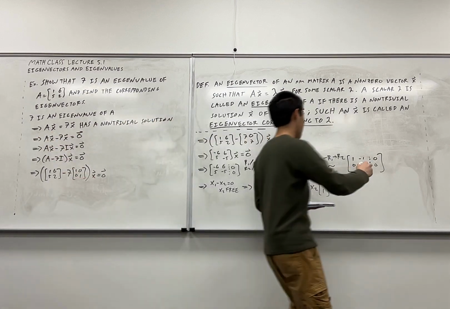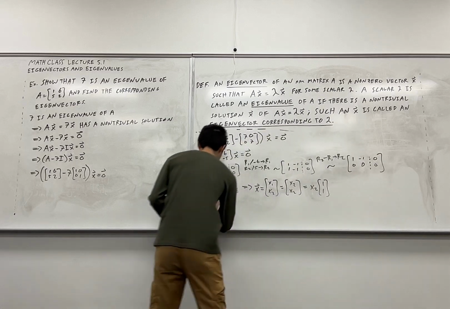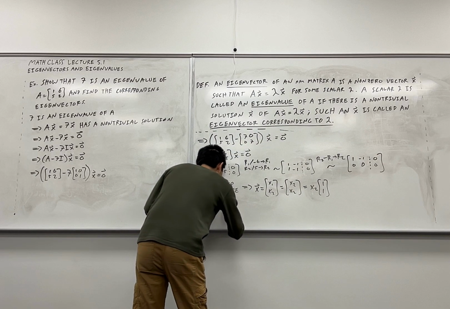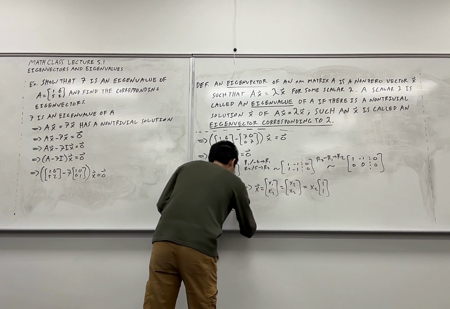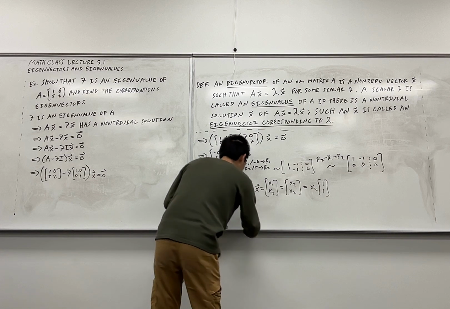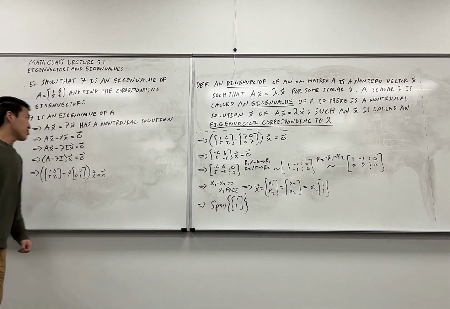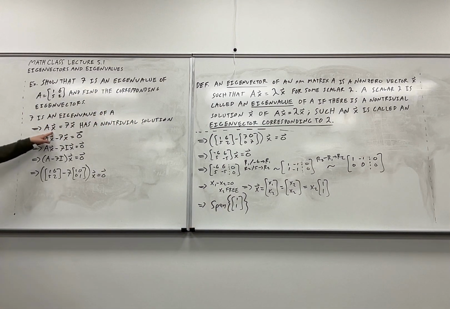Okay? So this is telling me that the span of 1, 1, any vector in this span is going to be a non-trivial solution corresponding to the eigenvalue of 7.